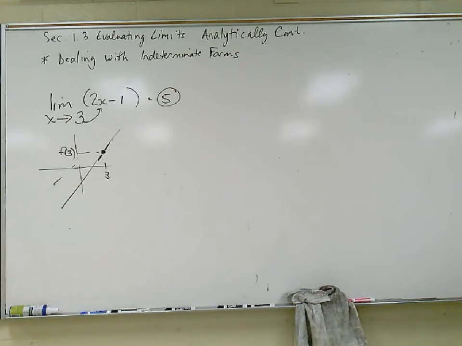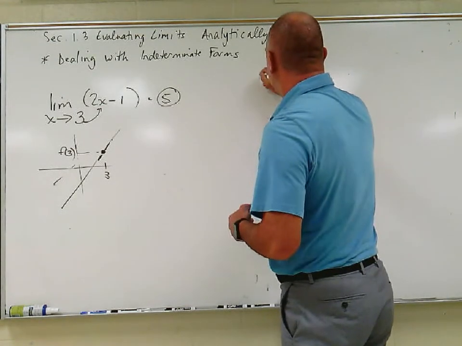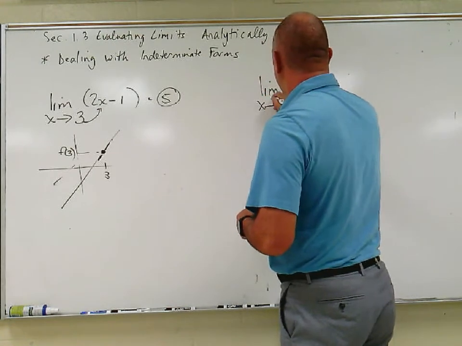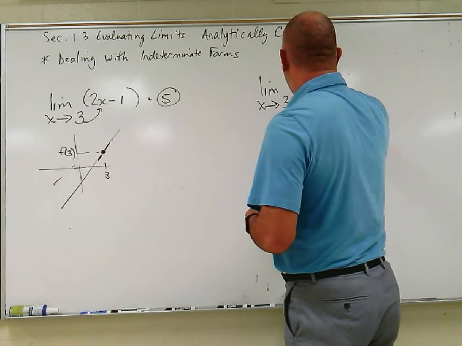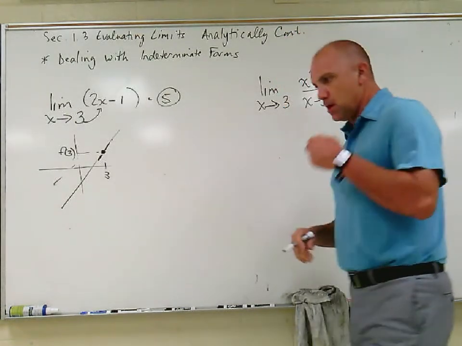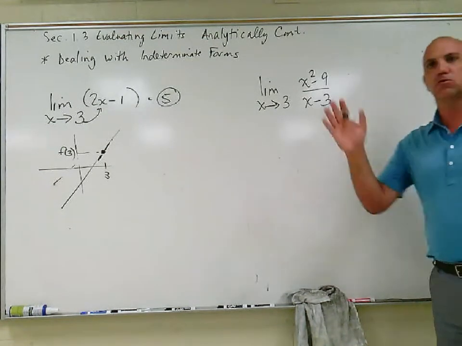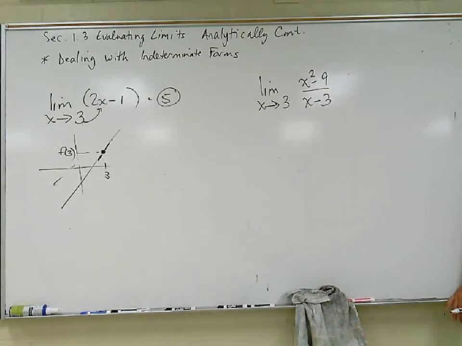So now let's pose the problem for today. Let's take another one that approaches 3, and let's say I have x squared minus 9 over x minus 3. On this problem, at first glance, we're not sure what type of function it might be. Who knows what you would call this function? Rational. It is a rational function.